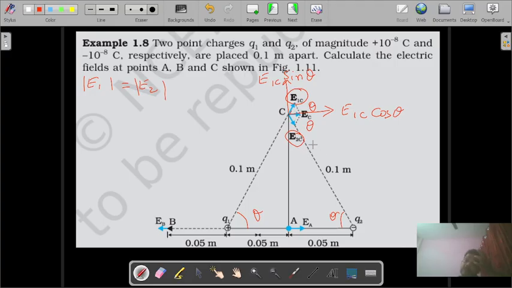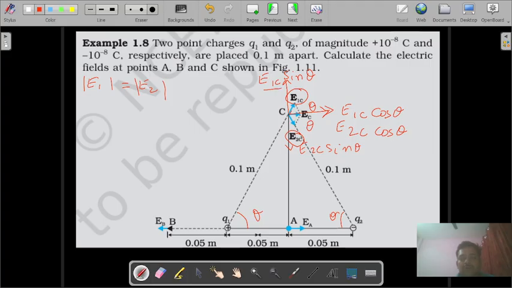Breaking down E2C into its components, I'll be getting here E2C cos theta and along the vertical in the downward direction I will get E2C sin theta. Since the magnitudes of E1C and E2C are the same, the y components cancel out each other.